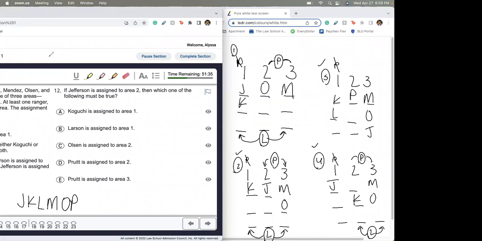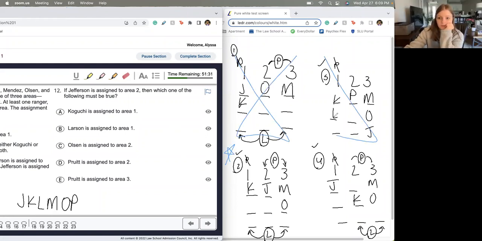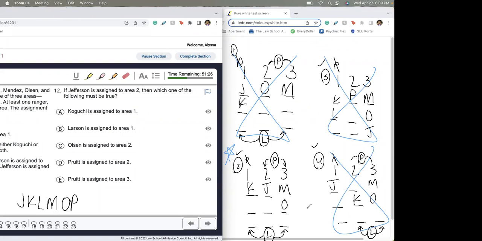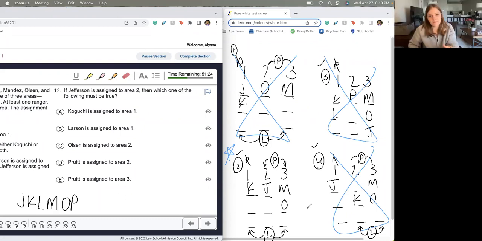In diagram 2? Yep. That's my only diagram that I can really work with here. Okay. So it's a must be true, which means it has to happen all the time. So what we can predict is what is consistent all the time within this diagram.